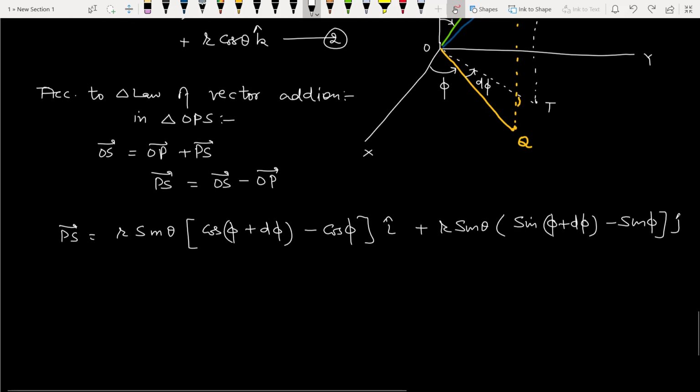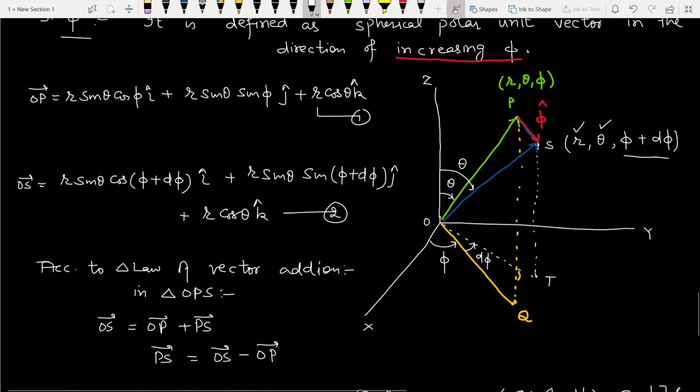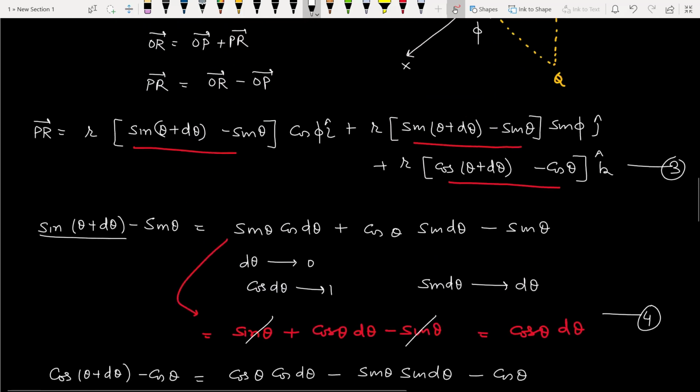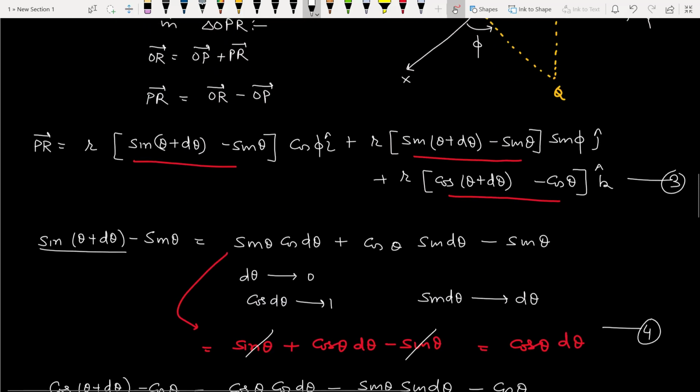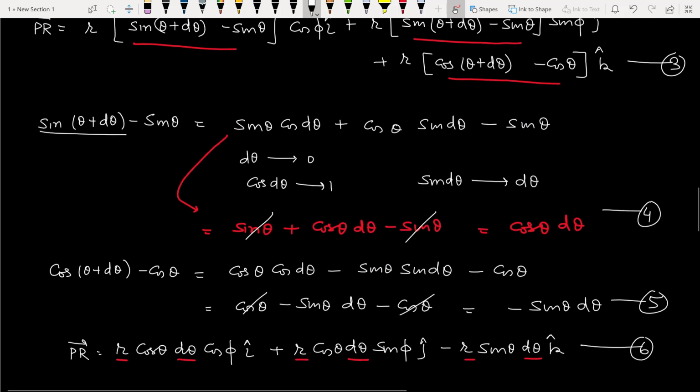So now we have to find the expression for these terms, and in the previous lecture we have solved these terms in detail. You can see the previous lecture as well for this. These are the calculations.